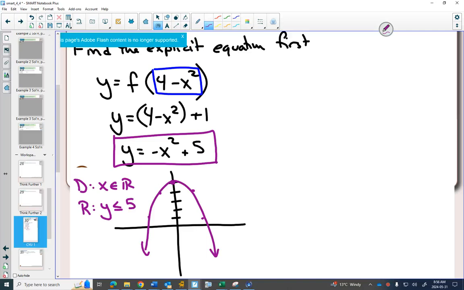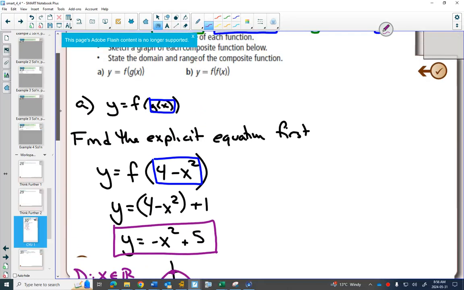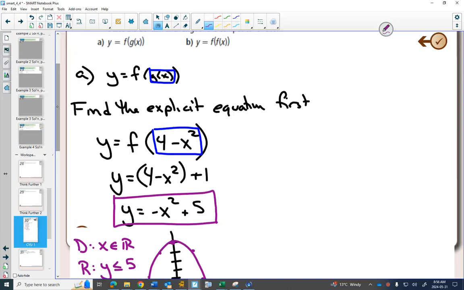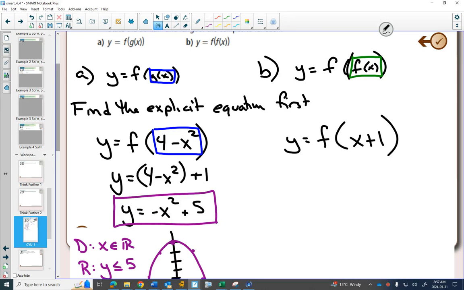So we're going to do the same thing with part B. Part B was y equals f of f of x. Well, f of x, that was your green function, and f of x was just equal to x plus 1, because the f function says, whatever you plug in, add 1 to it.